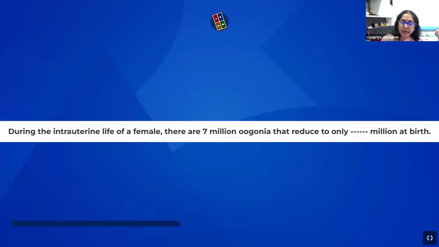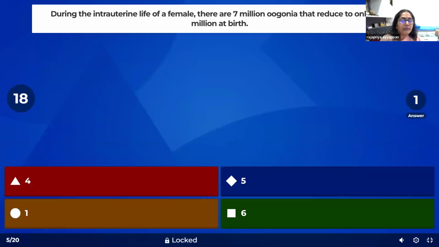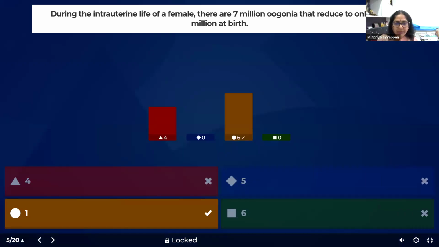During the intrauterine life of a female, there are 7 million oogonia that reduce to only so many million at birth, which is 4 million, 1 million, 5 million, and 6 million at birth. One million is the answer.